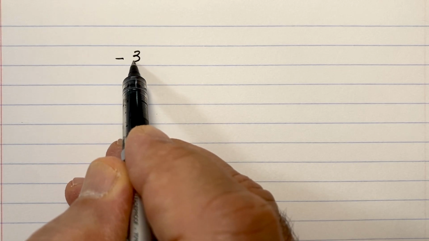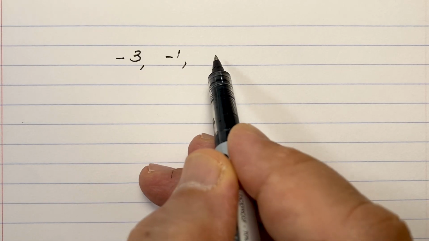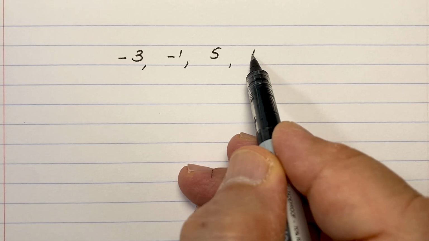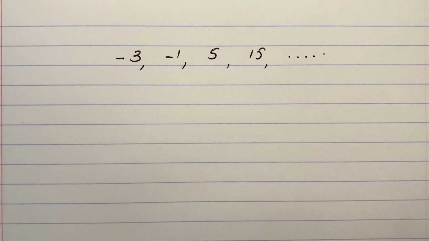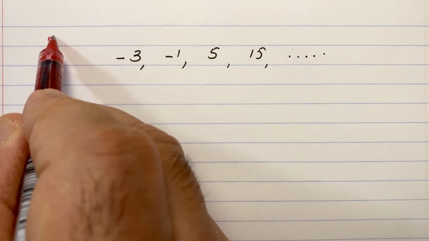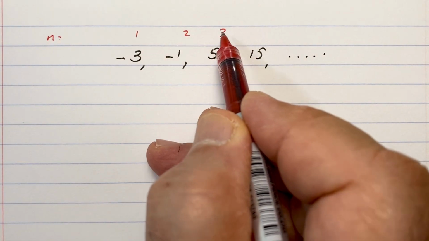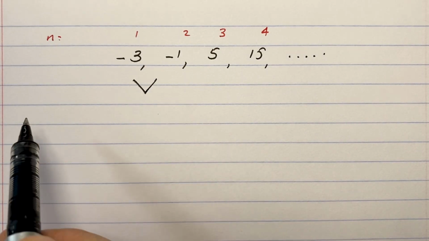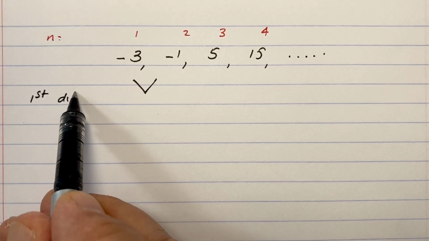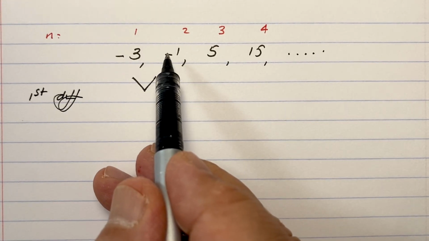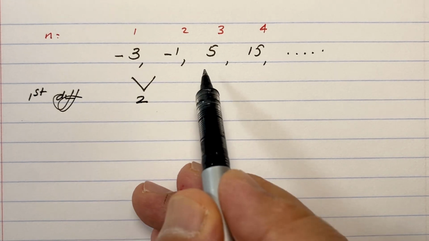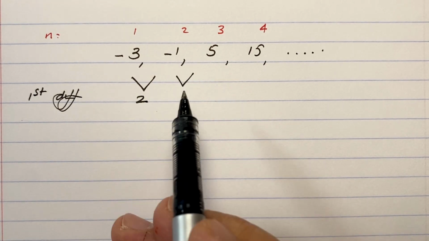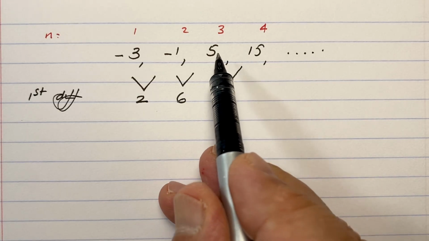Another example using the alternative method, and my numbers this time are -3, -1, 5, 15, etc. As before, give them the numbers n, 1, 2, 3, 4. Find the first difference. -1 minus -3, that's +2. 5 minus -1, and 15 minus 5.